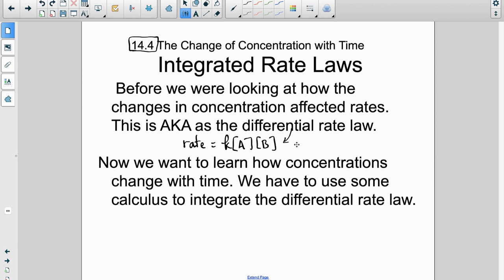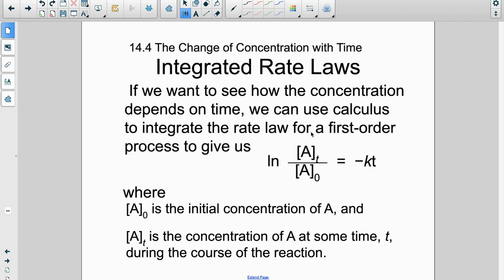There is some calculus that you can do to actually get these into the integrated forms, but that is not what you're required to do. You're required to be able to use these integrated rate laws. So if we integrate the rate law, where A is first order, we get this first order integrated rate law.